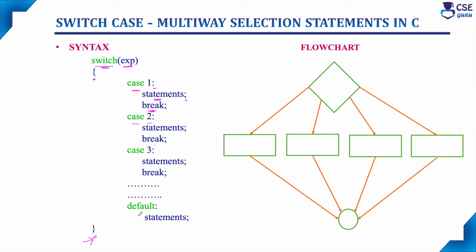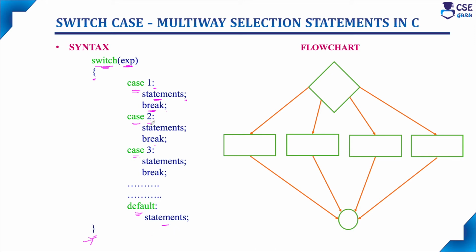At the end of the switch statement, we specify default. The purpose of default is that when the expression result does not match any of the case alternatives, it comes to the default part and executes the statements present in it.